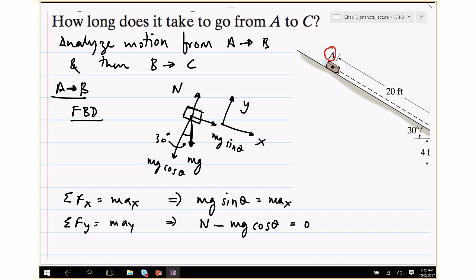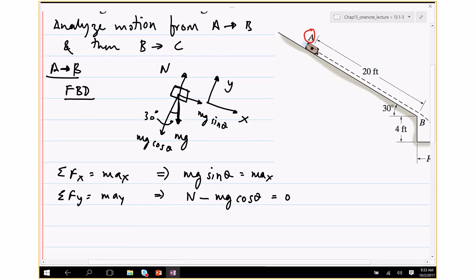Okay, so in order to find the time it takes to go from A to B, I can do that if I have the acceleration, right? I know the distance. I need to get the acceleration so that I can find the velocity perhaps and then find the time. Now I do not quite need equation 2. This is not needed.